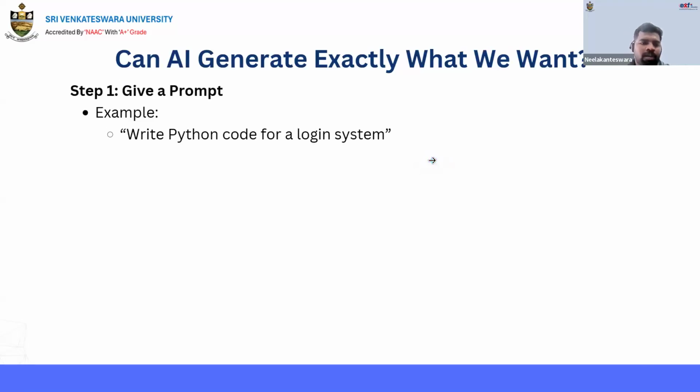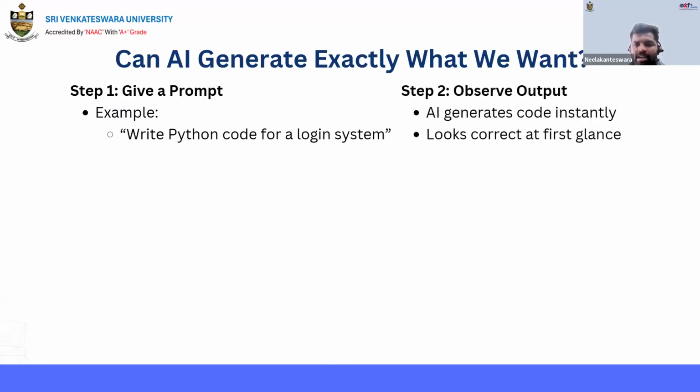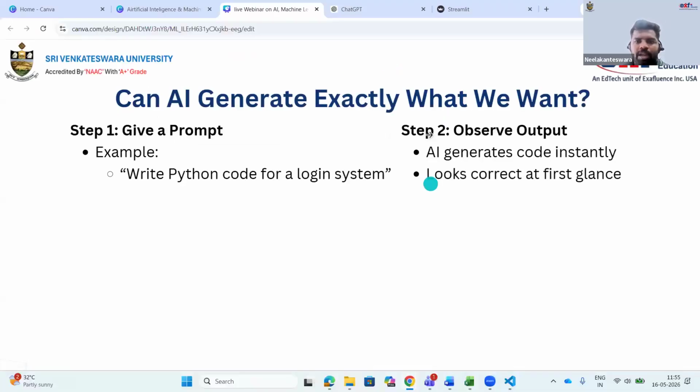Now see here. First, if you take ChatGPT or any AI tool that is a generative AI tool, and you give the prompt like, write a Python code for a login system. After giving the prompt, just observe the output. AI generates the code instantly and it looks correct the first time. Okay, now try to do that. Give me a minute.